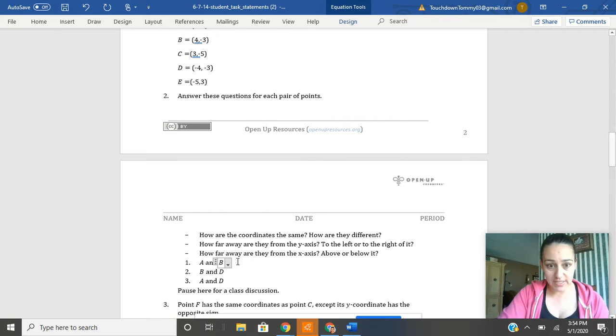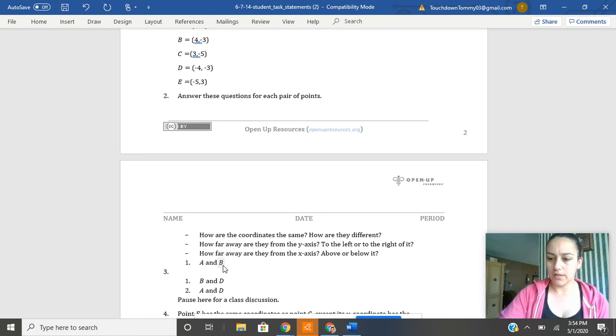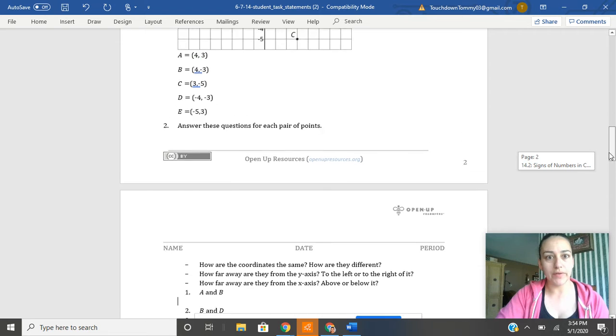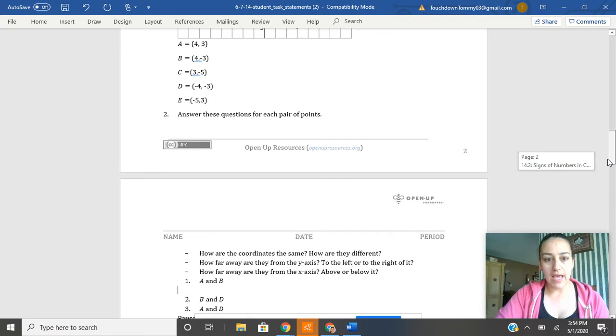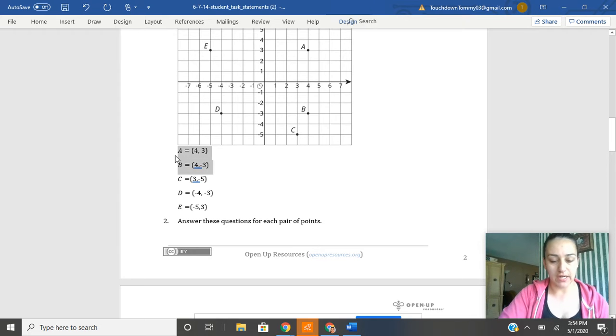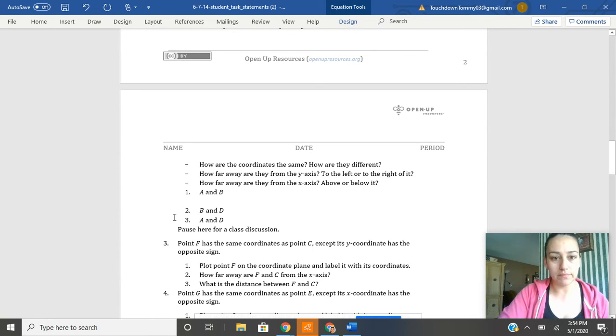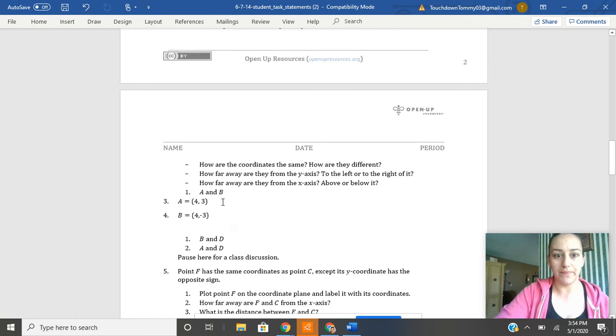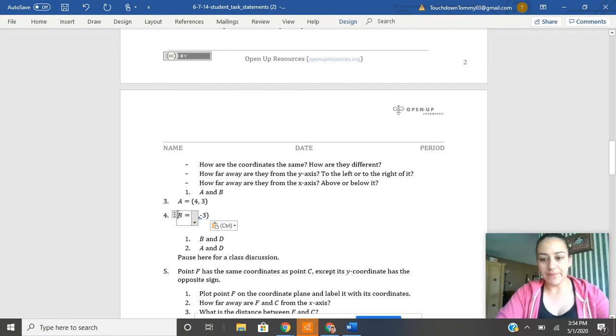So for each set here, we have to answer all these things. I'm going to scroll back and forth. So A and B. I'm going to copy these so that I have to do less scrolling. Sure, I'll still have to do some, but a little bit less at least.